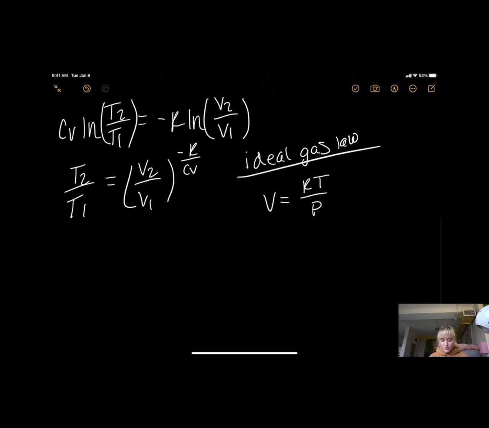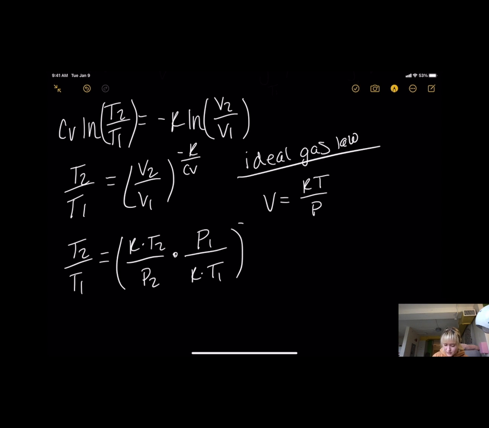Applying that back into our equation, we have T2 over T1 is equal to R times T2 over P2 multiplied by, since the V1 is on the bottom, we're just going to flip this equation and we're going to have P1 over R times T1, and this is all to the negative R over C_V power.